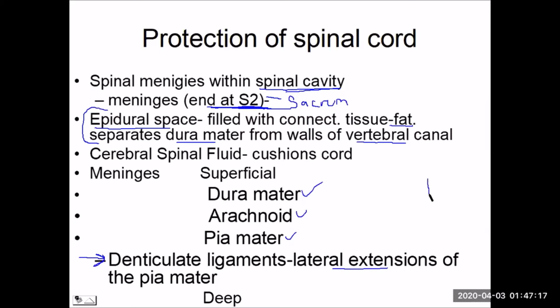So if we make a little sketch, if we imagine this is the spinal cord, and paired on each side, there's multiple denticulate ligaments. And again, having attachment on each side would prevent the spinal cord from moving laterally side to side inside of the vertebral canal.